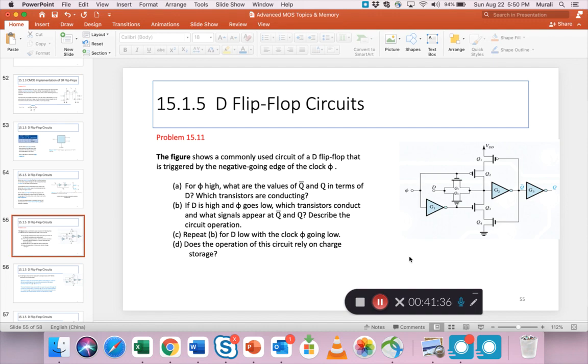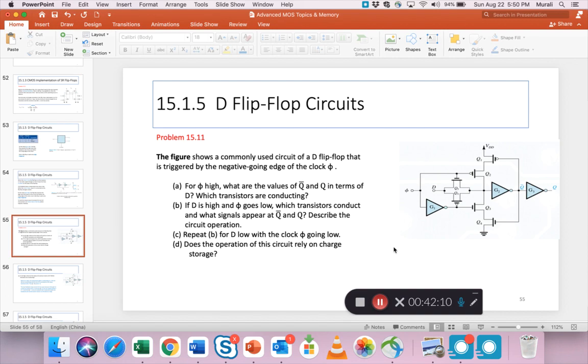Like I said, for your purpose, this problem is not too important. I'm not going to give you any questions on D flip-flops in the exam, but focus on all the stuff that we studied so far with the SR flip-flops. We've done enough problems, so you now know what kind of questions are important.